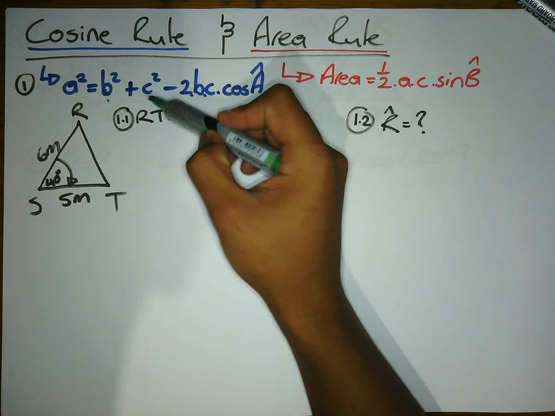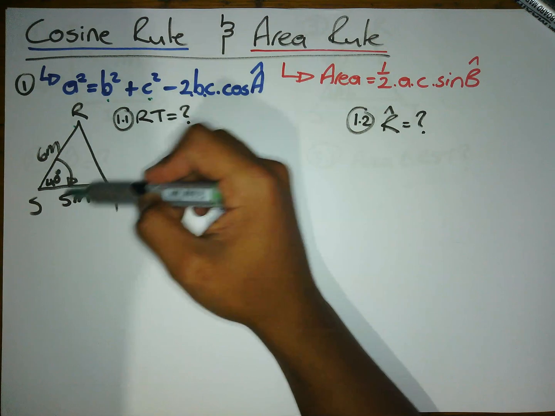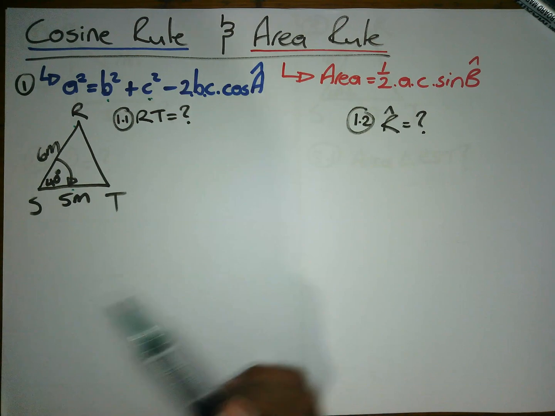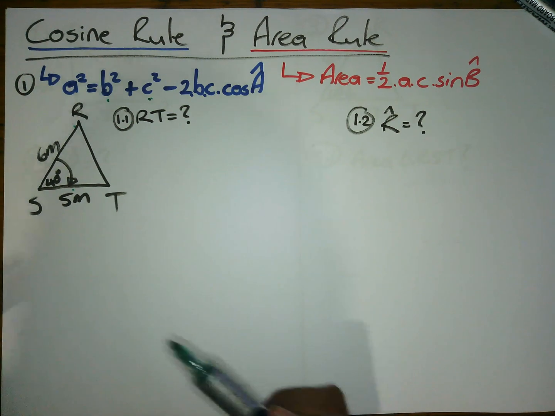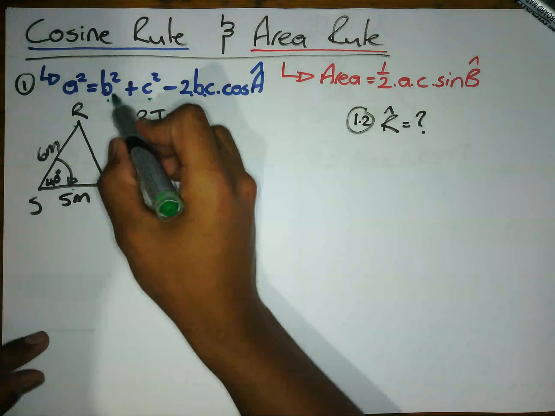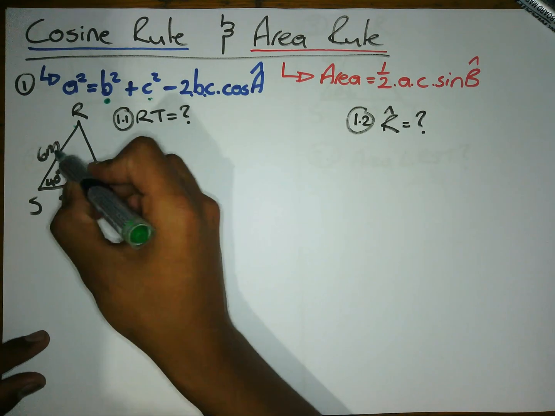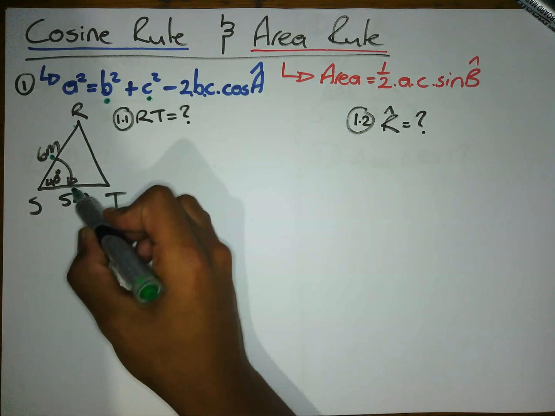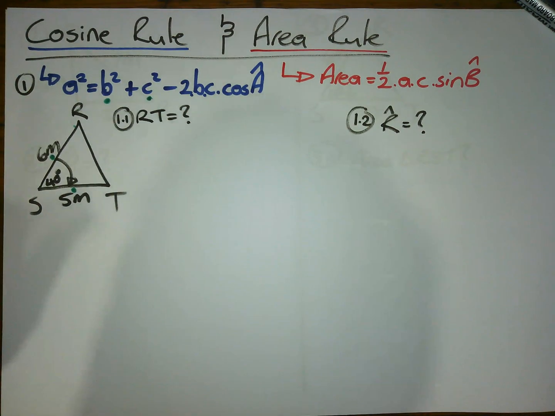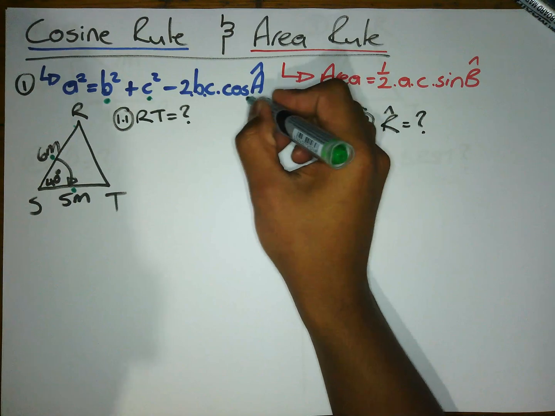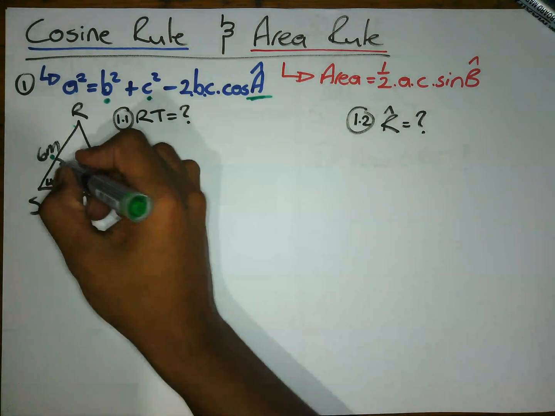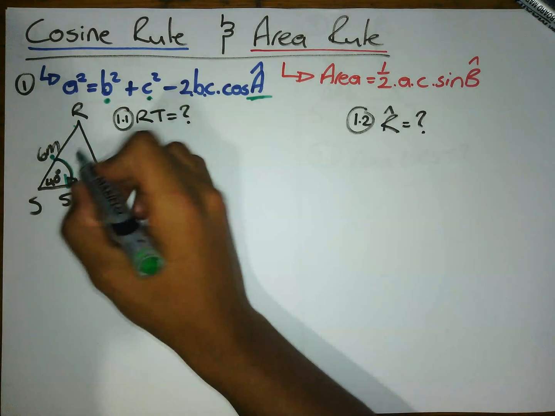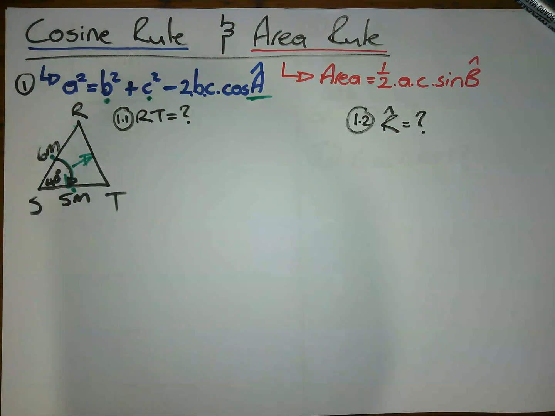So I need one length and another length, and the angle that's between those two lengths that I have. Let's say this is our 6 meters, and then I also need another length. That's my 5 meters. Then between those, I need their angle, with the cosine rule to get this length over here.